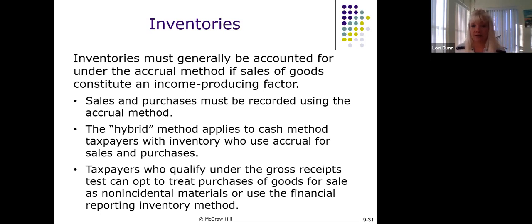Taxpayers who qualify under the gross receipts test can opt to treat some purchases of goods for sale as non-incidental materials, so they could just expense them. But you got to meet a gross receipts test. Let's see if I can find that quick. I don't know it off the top of my head.